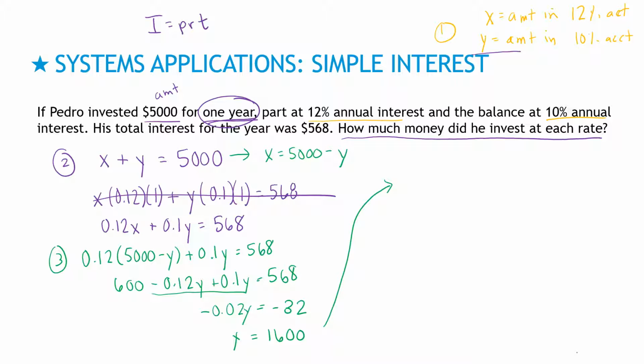To find the amount in the 12% account, we'll take X equals 5,000 minus Y. So X is 5,000 minus 1,600. So I would have $3,400. Again, step 4, write the sentence. Pedro invested $3,400 in the 12% account, excuse me, and $1,600 in the 10% account.